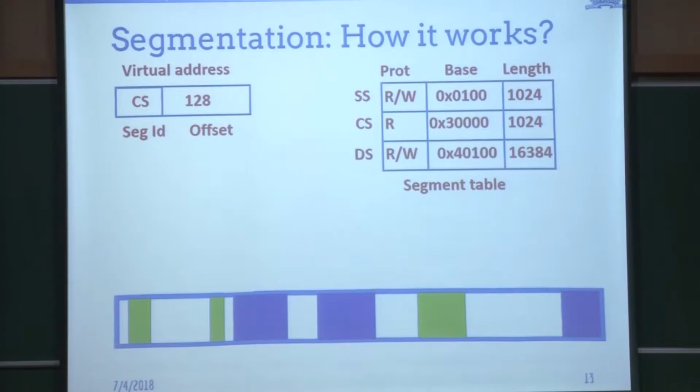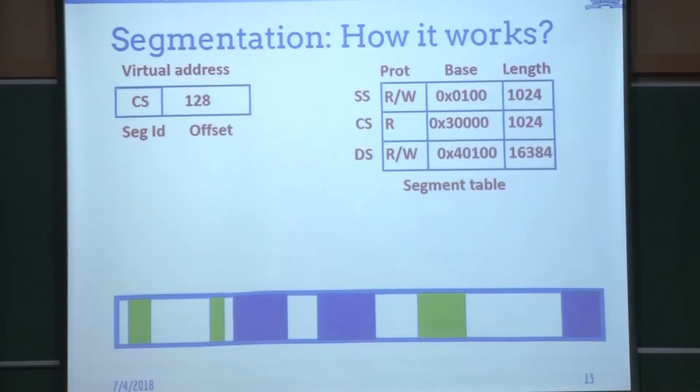So how would it actually work at a high level? Each virtual address becomes a segment ID, which is the first part, seg ID, the CS code segment here, and within the segment, the offset you are trying to access. This is the virtual address that, for example, a load or store instruction can carry.